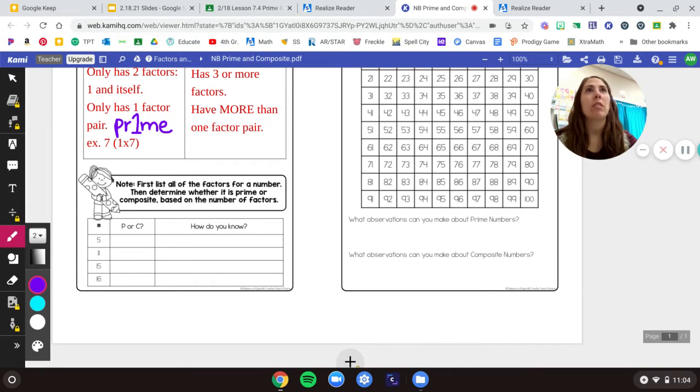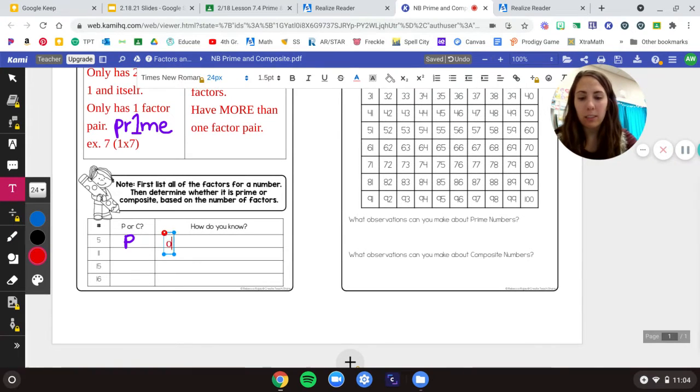This 2. 2 times, nope. 3 times, nope. 4, and we're back at 5. So I know that 5 is prime, so I would write a P. And my reason is only 2 factors. It only has 2 factors.